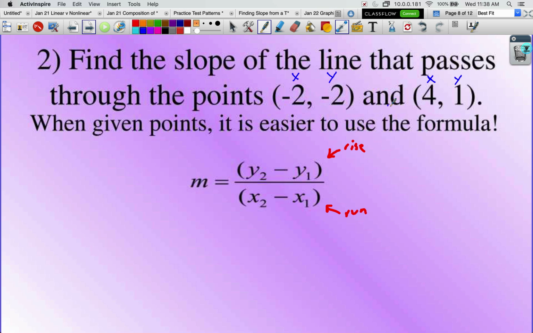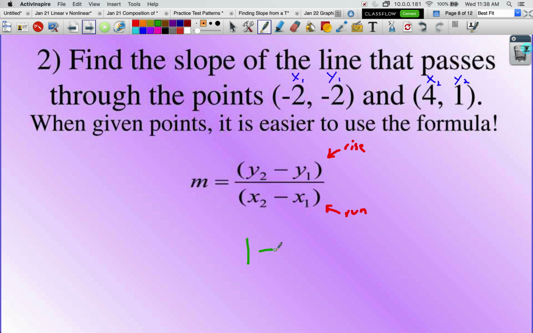So we'll pick 1 point to be the first point, 1 point to be the second point, and it actually doesn't matter which way you do it, but just make sure one of them is x1, y1, and the other one is x2, y2. Now that you've labeled them, you can plug them into the formula. The y2 value here is a 1.